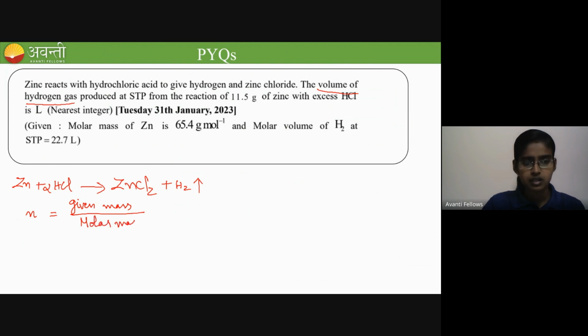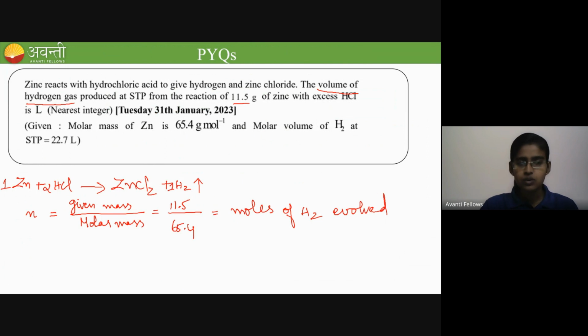What is the given mass? The given mass of zinc is 11.5 and the molar mass of zinc is 65.5. Here 1 mole of zinc is giving 1 mole of hydrogen. So this is the number of moles of zinc and this much moles of H2 will be evolved.